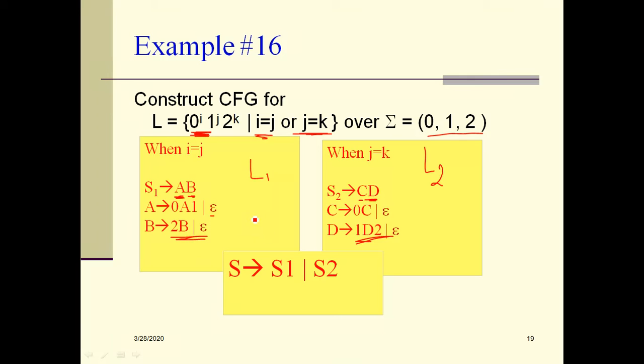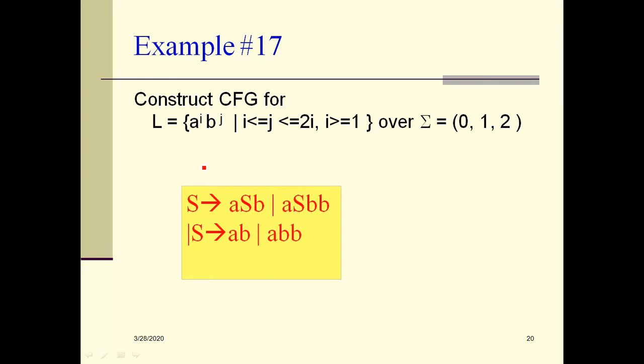My string is valid in my language L if either i is equal to j or j is equal to k, in any case. So I have a start symbol S which says S derives S1 or S2, meaning if a string is derivable from S1, then it belongs to this L, or if it is derivable from S2, still it belongs to this L, right? You must understand this clearly.